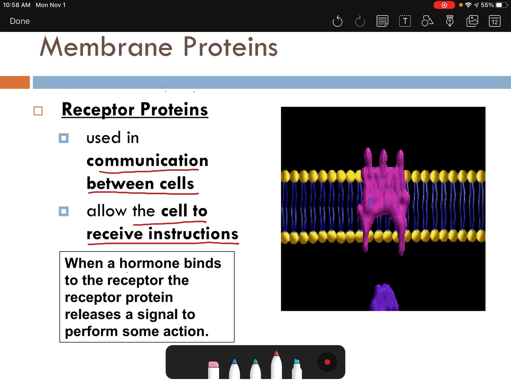So an example might be if you have a receptor protein here and a hormone comes along and binds right into this spot right here, it might change this in such a way that it now sends a chemical message into the cell, and it'll tell the cell to start producing something or releasing another enzyme or things like that. So hormones kind of help hook on to receptor proteins, and then the receptor protein relays the information into the cell. It changes in some way and relays that information into the cell.